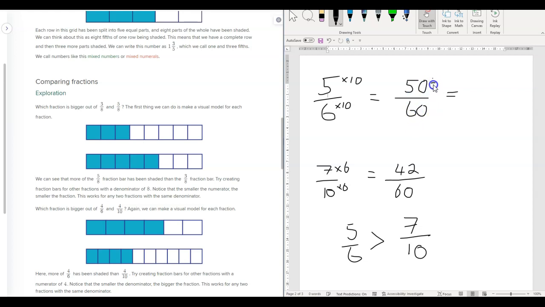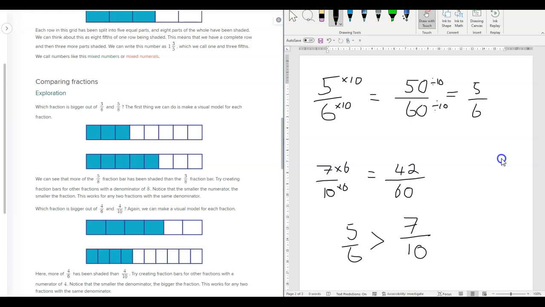So we could do divide by 10, but again, you do the same to the top and the bottom. All right, so again, you'd end up back with 5 over 6. So when you're trying to simplify a fraction to bring it to its smallest size, you're basically looking for the biggest number you can divide both the numerator and the denominator by to bring it down to its smallest amount.